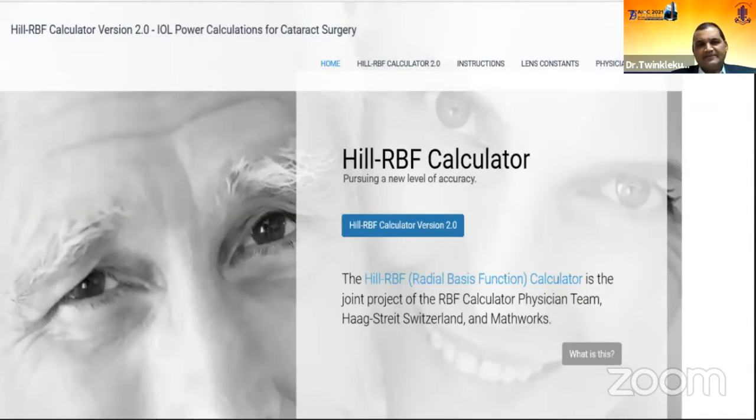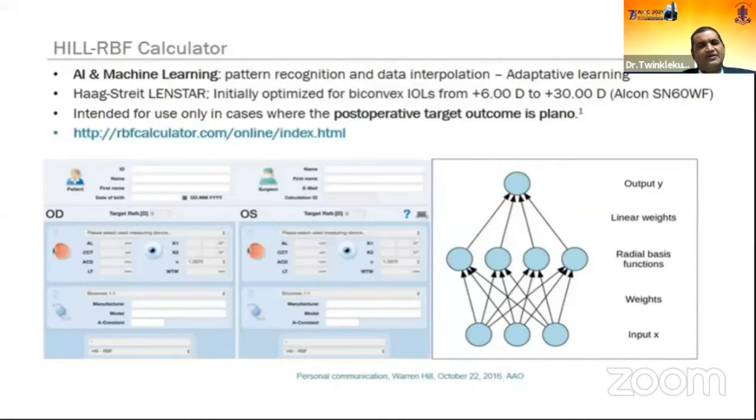Now another calculator is the Hill-RBF calculator. Version 2 is now very widely used. It has an artificial intelligence machine learning process. Here Dr. Hill has done data interpolation and pattern recognition by artificial intelligence on a few patients who had undergone cataract surgery with acrylic lenses with Lenstar measurement.